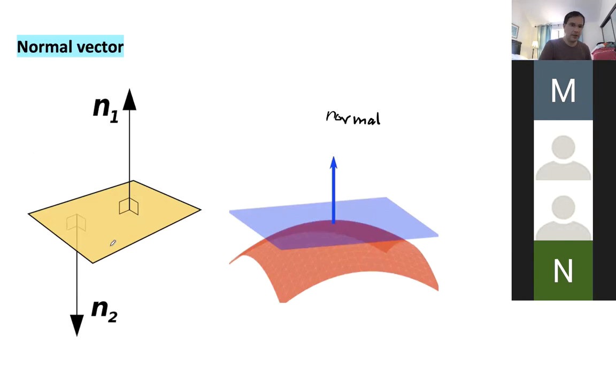Like this is a plane, but we can have a surface like this one, and then later on we define the concept of a normal vector. So what we are going to do is take the tangent plane to that surface at a given point, and then we'll take a normal vector to this plane.